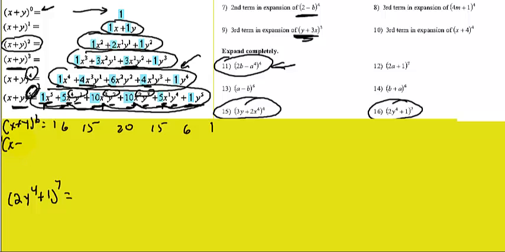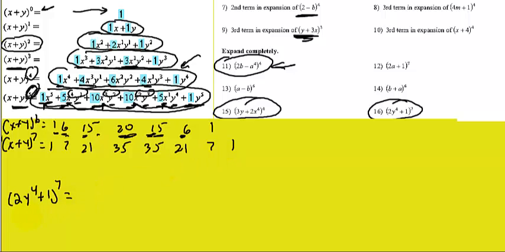And then x plus y to the seventh will be 1. Add these two, which is going to give me 7. Add these two, which is going to give me 21. Add these two, which is going to give me 35, add these two, which is going to give me 35, adding these two is going to give me 21. It's going backwards now, and then 7 and 1. Okay, so those are my coefficients.